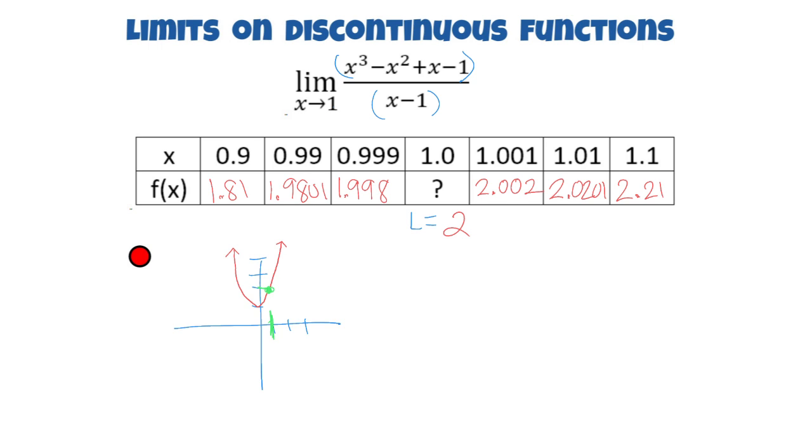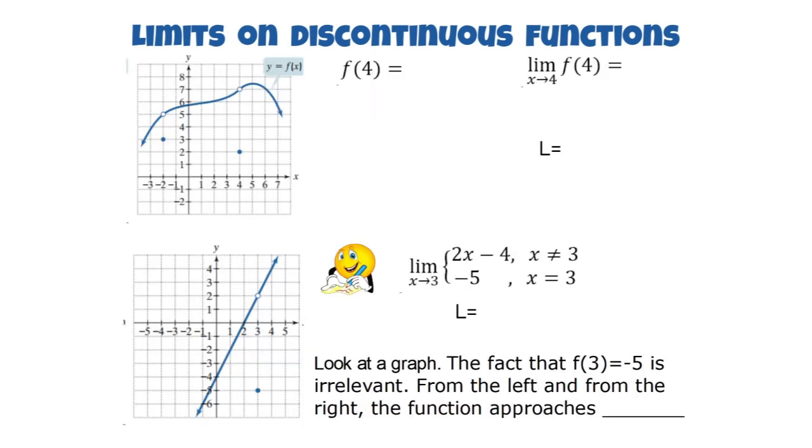Okay, there's a couple examples of those. We're going to move on. Now, when we're looking for limits, the best case scenario is that we're looking at a continuous function. A continuous function is one that flows nicely from left to right with no breaks in it. A parabola, a cubic, a linear, absolute value, all of those are nice continuous functions.